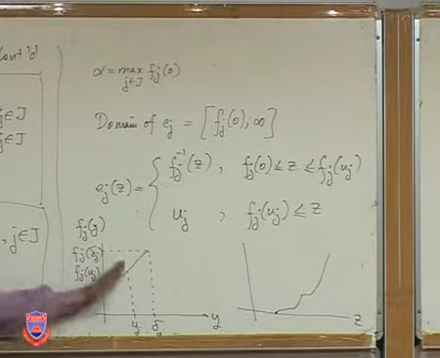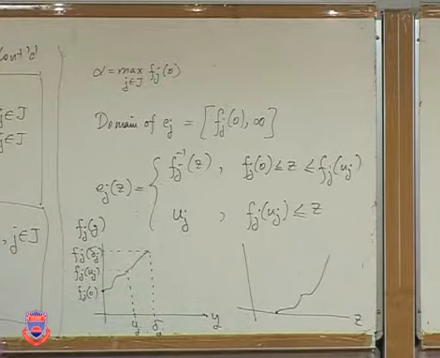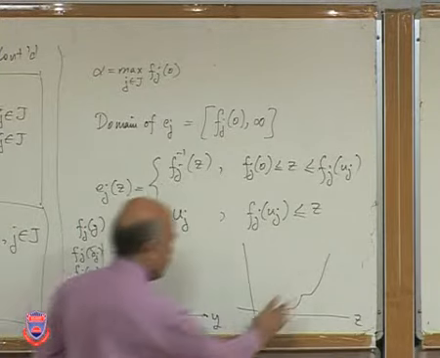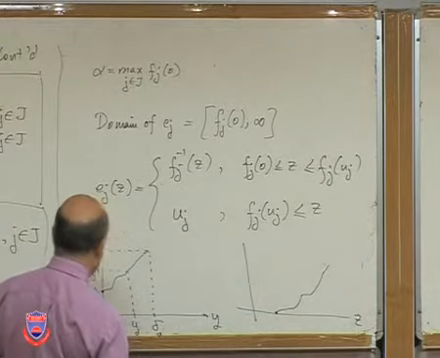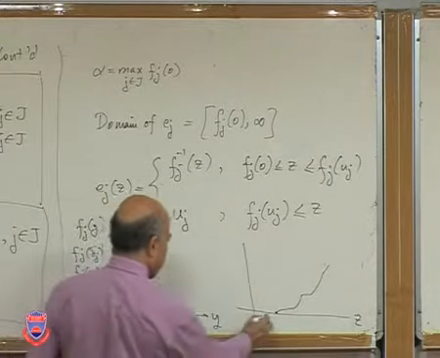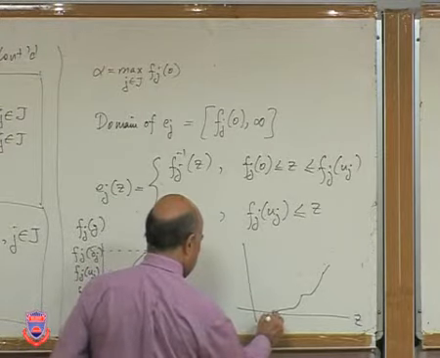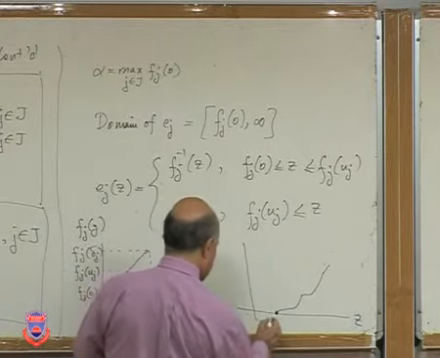It's supposed to be the mirror image of this along the 45-degree line. The value you have here is fj of 0.